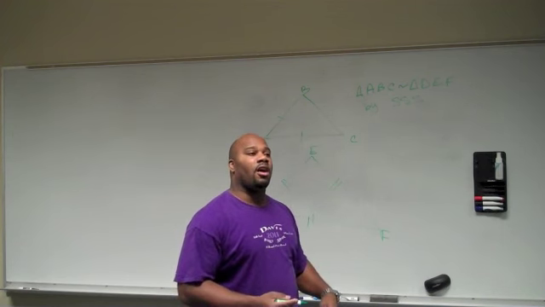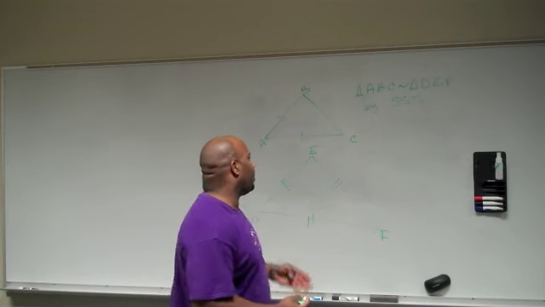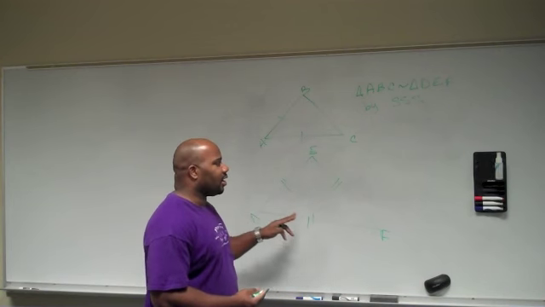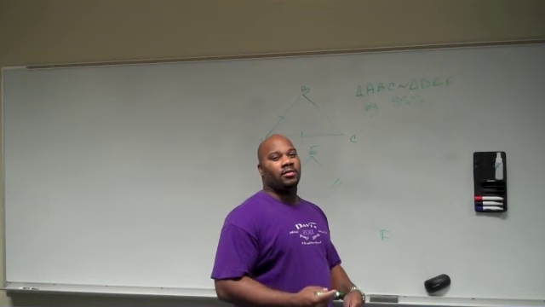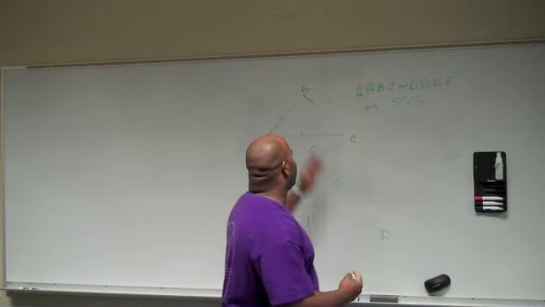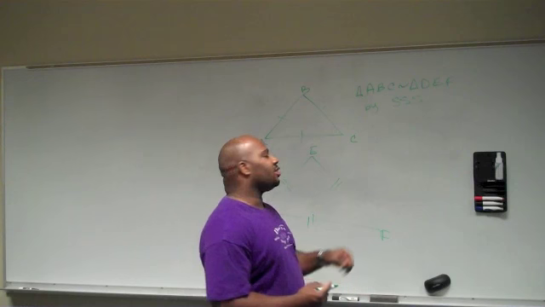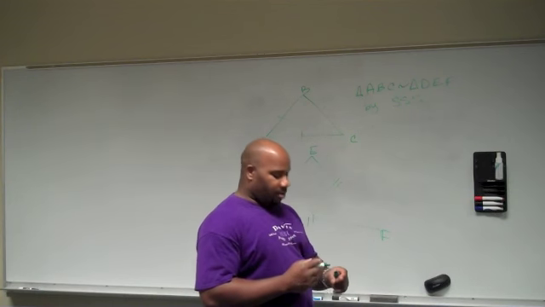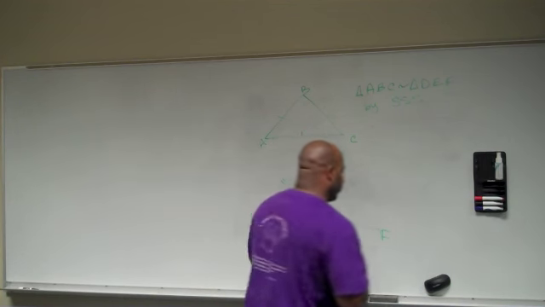Whether the sides are the same length, which they would not be, because you can see these sides are smaller than these sides, it's really irrelevant as long as the sides are proportional. So we just showed that these two were similar by the side theorem.